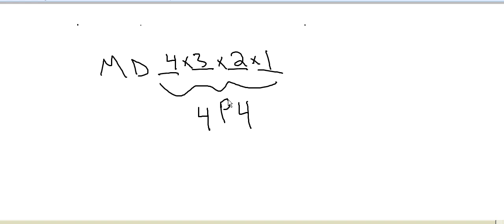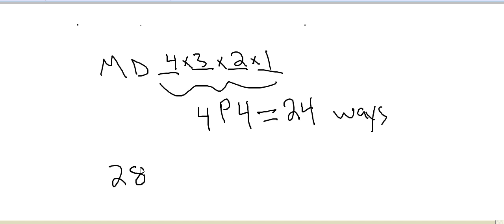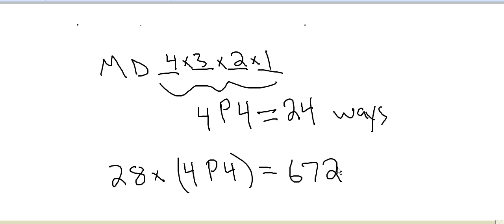So 4P4 is 24 ways. So as far as a permutation, the answer would be your 28 ways for the parents times 4P4, which again is 672.